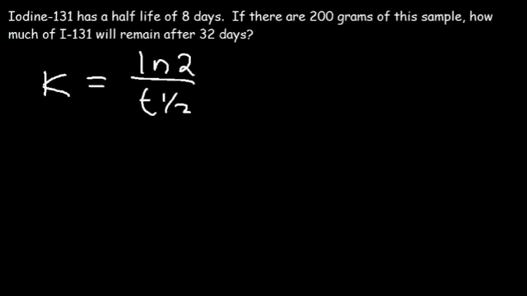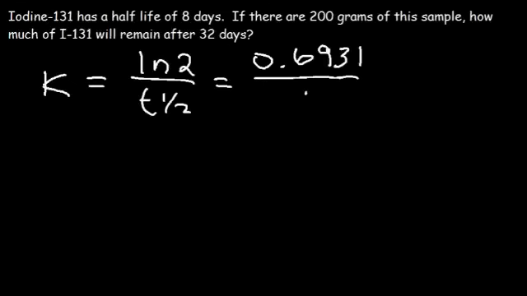The natural log of 2 is about 0.6931. Now this number is not going to change. It's always going to be the same for this equation. Whenever you're dealing with a radioactive decay problem, it's always associated with a first order kinetics reaction. So you can always use this equation for the most part.